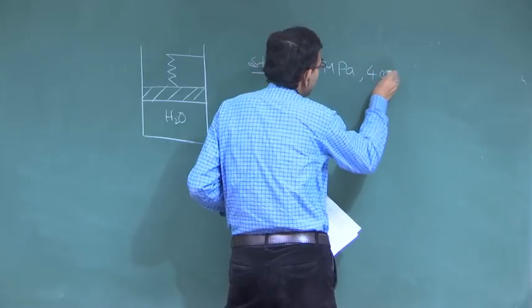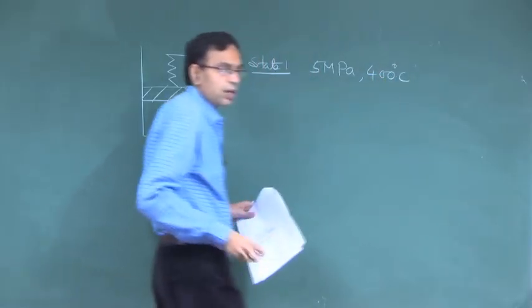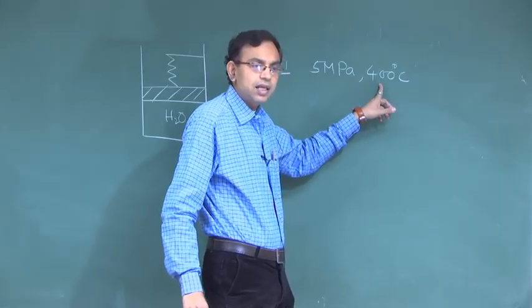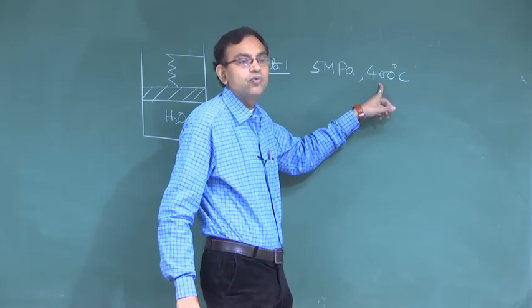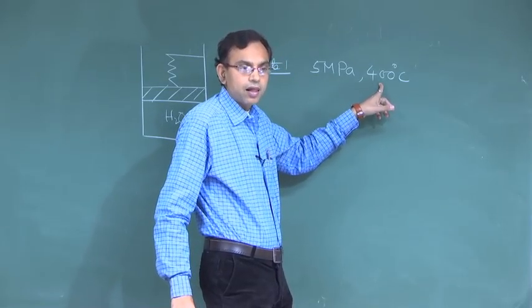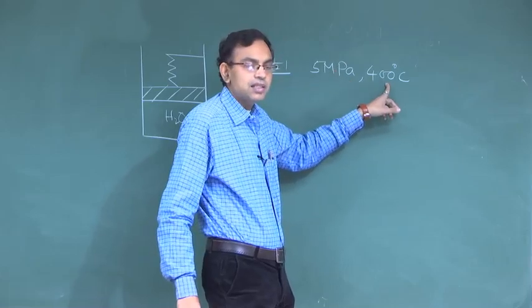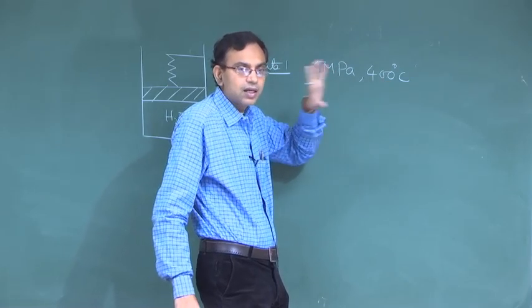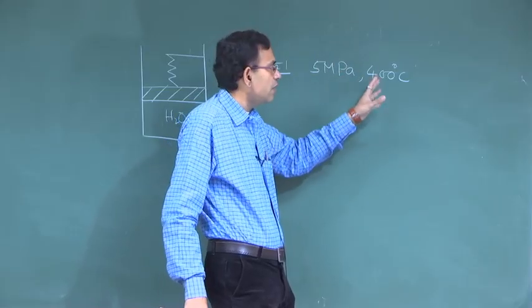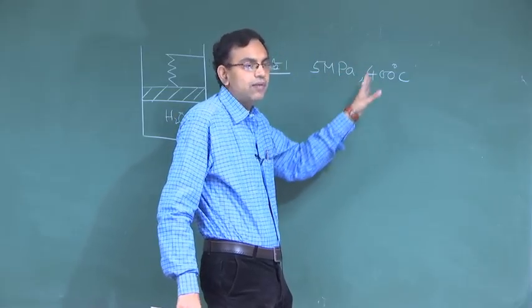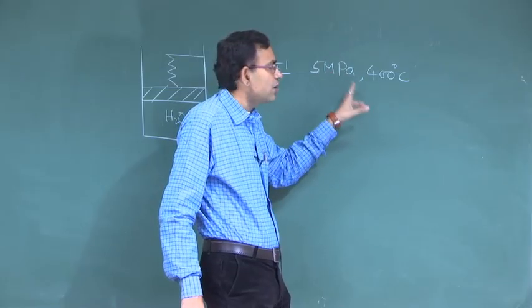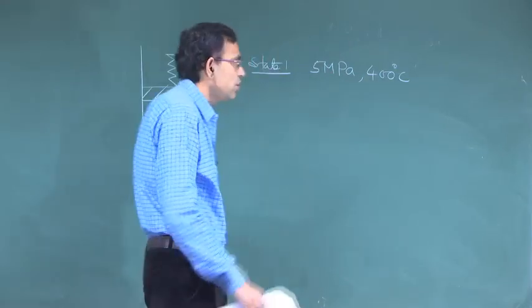See, from now onwards you try to develop an intuition. Since pressure and temperature are given as independent properties, it cannot be a two phase system, and at such a high temperature it will definitely be superheated vapor for water. So, that common sense intuition you can develop without having to look deeply into the table to figure out where the state point is located.